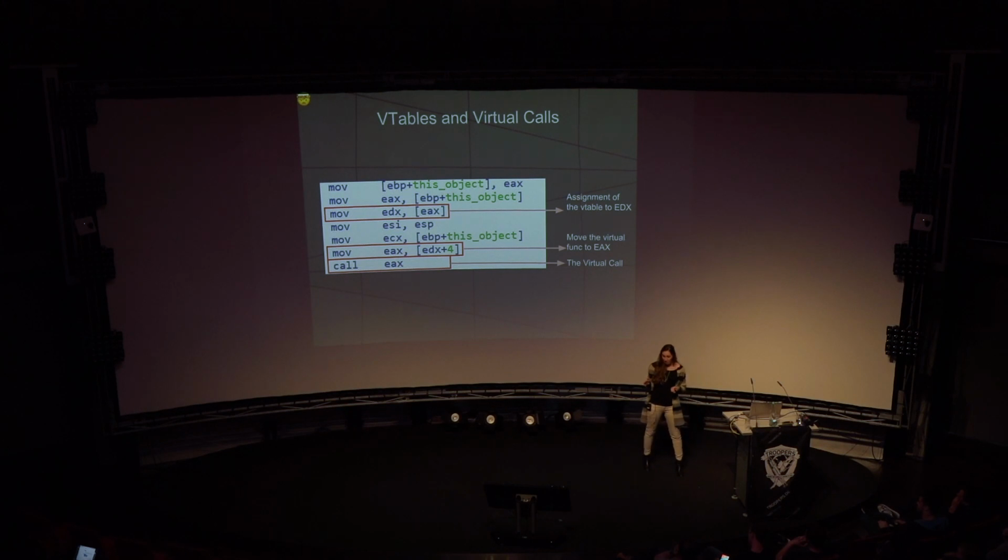The second instruction that I marked is the assignment of the function from EDX, the Vtable, to EAX. In this case, you have offset 4, which means it's the second function inside the Vtable. And the third instruction is call EAX. Here, if you can see this code, you don't really know what function was called, because you can't see the Vtable and you can't see the functions.